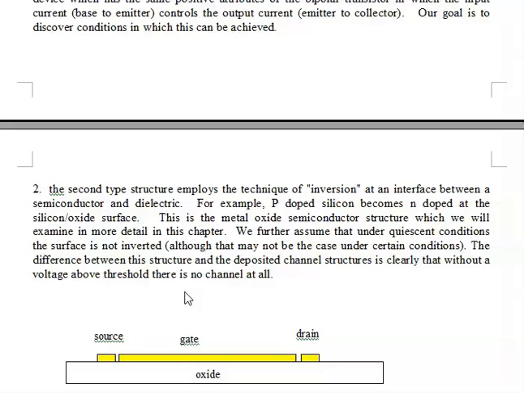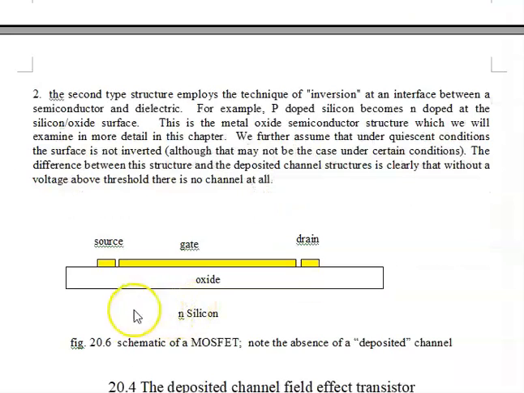Now, the second type of generic FET, which we'll be spending much of our time discussing, is the MOSFET, and the MOSFET has no deposited channel. It is an MOS structure, and we invert the silicon at the surface to artificially produce a conductive layer right below the oxide.